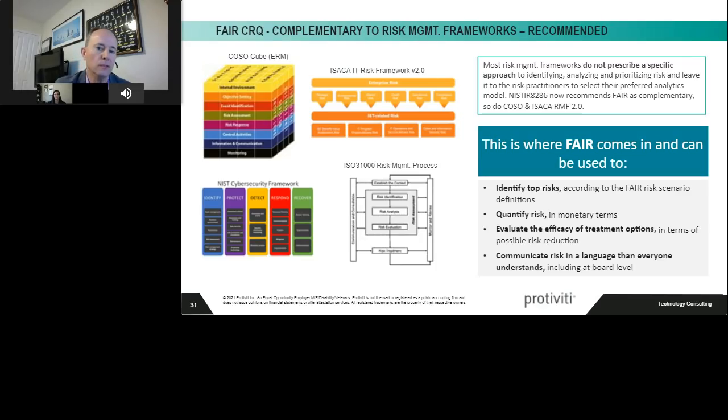So is the recently updated and released ISACA Risk Management Framework 2.0. And I've even heard recently that PCI is starting to recommend FAIR as a risk analysis and quantification methodology for doing credit card or PCI risk. The point is we can identify top risks, quantify risks, look at the efficacy of treatment options, and communicate it in a language that everyone understands all the way up to the board.